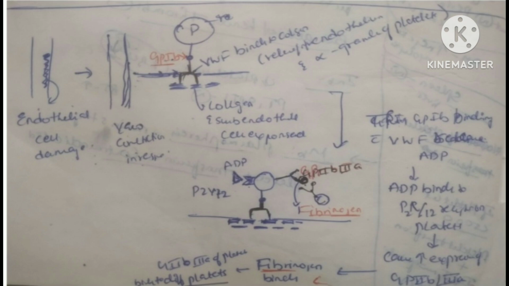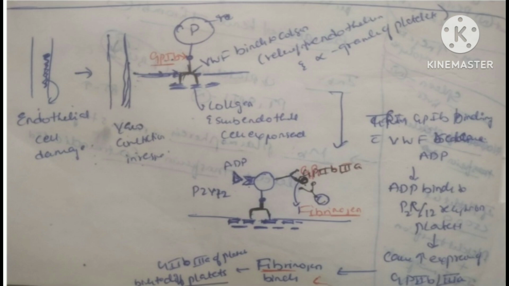Also, the GP1B receptor will be present on the platelets. This GP1B receptor on the platelets, which I have written in red color, binds to the von Willebrand factor, and these two together will bind to the exposed collagen in the subendothelium.